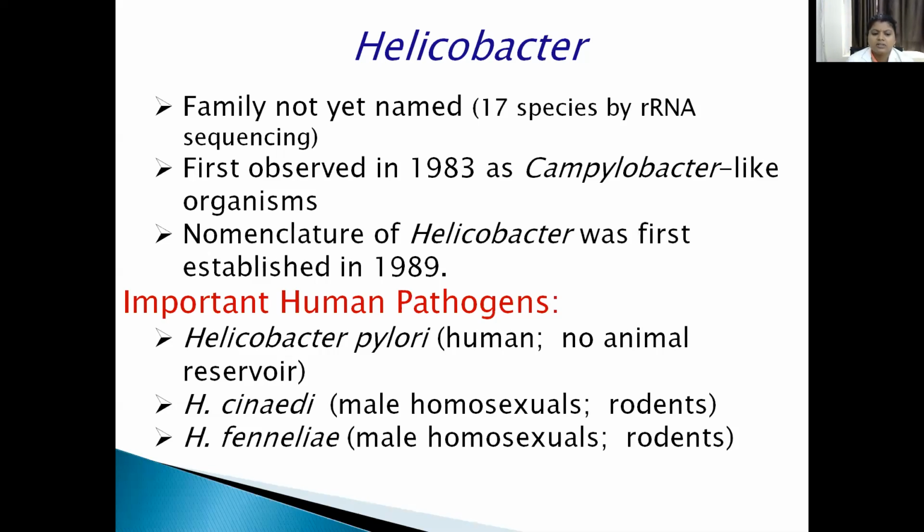Sometimes fennelliae causes human infection, though usually it causes infections in animals. Cinaedi and fennelliae are usually seen in immunocompromised patients, and also in homosexuals. These two are usually seen in immunocompromised conditions.